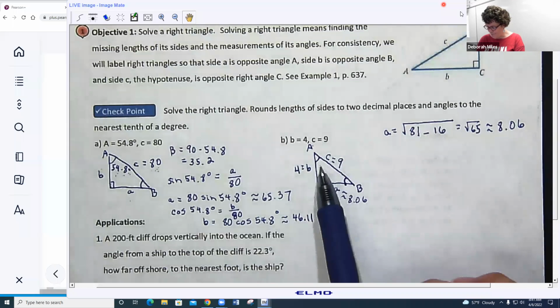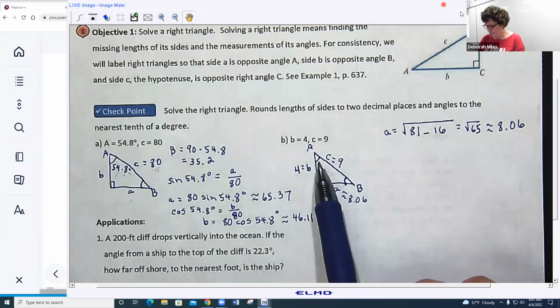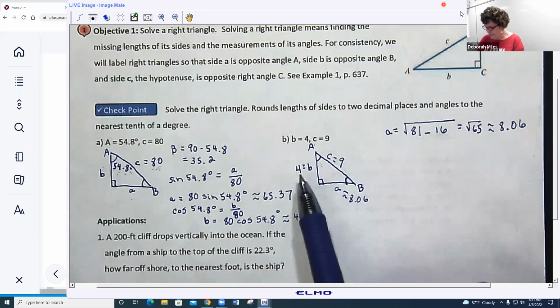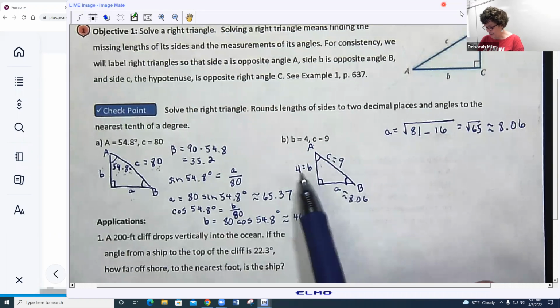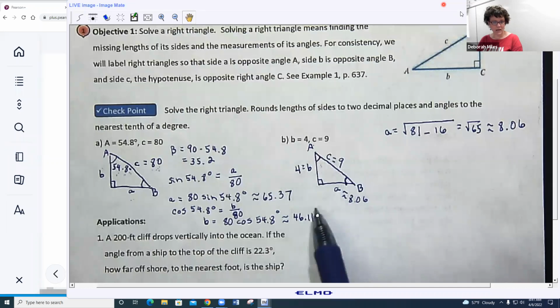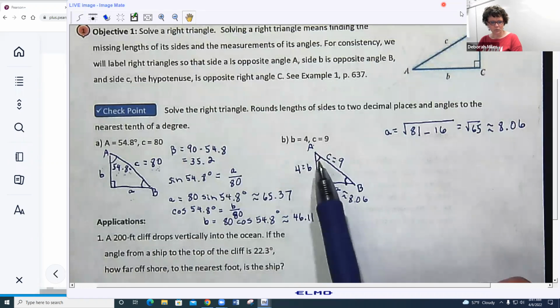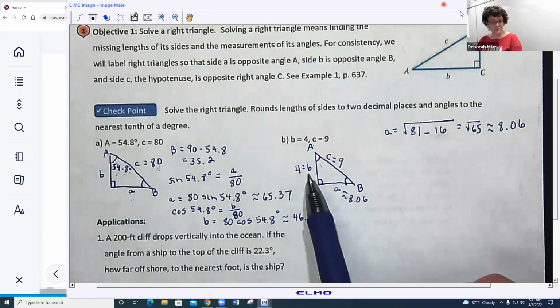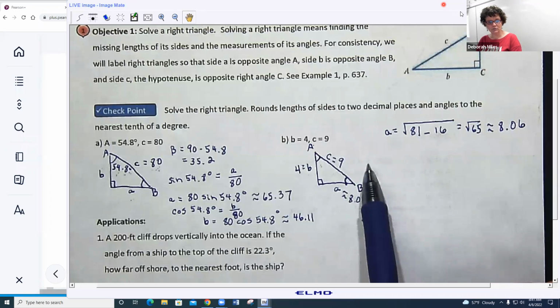So for angle A, which trigonometric function would involve sides that I was given? I don't want to use A because I've rounded it. B is the adjacent side and C is the hypotenuse.